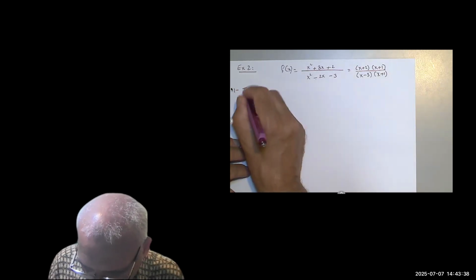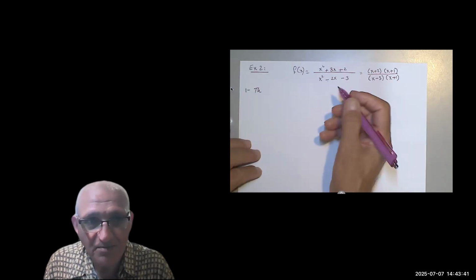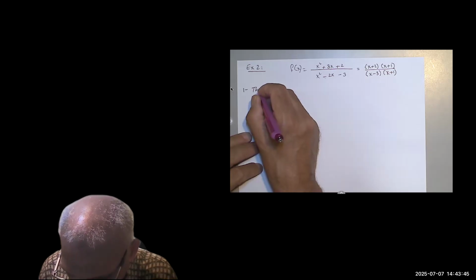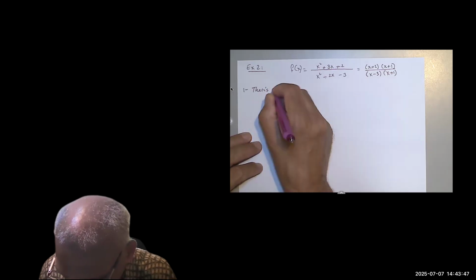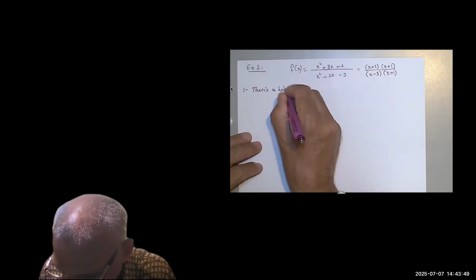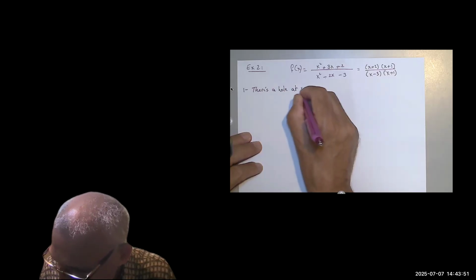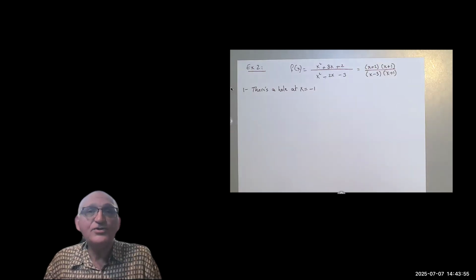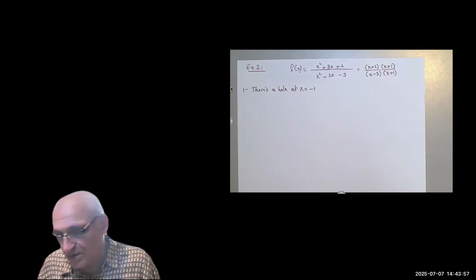So the first thing we say, that was number 3 if you remember in the 5 parts that I mentioned, is that there's a hole at x equals negative 1. That's what makes both the numerator and the denominator equal 0.